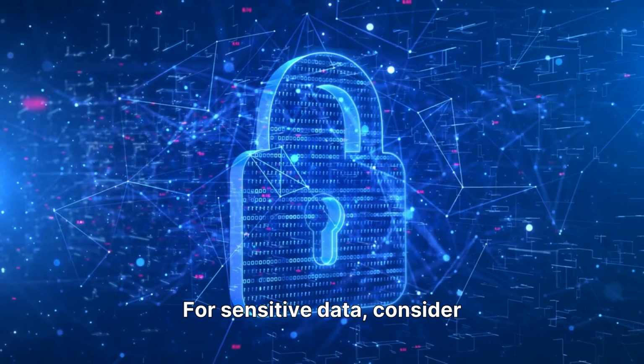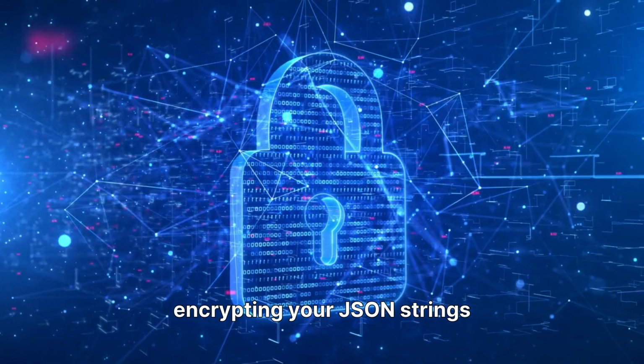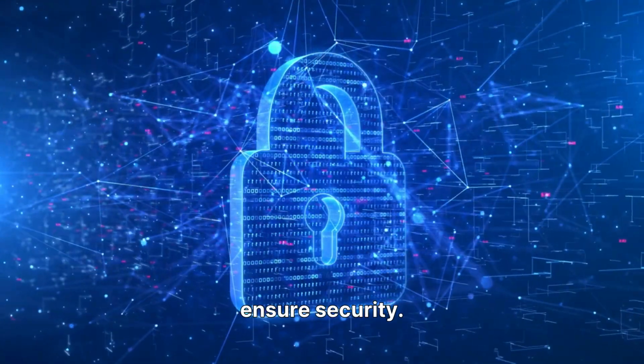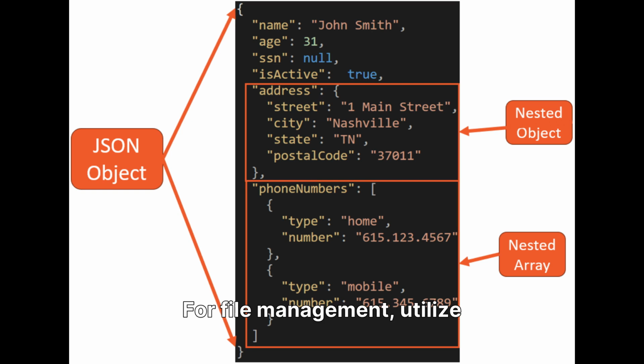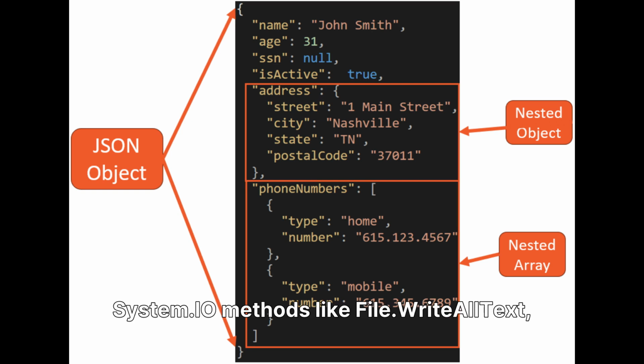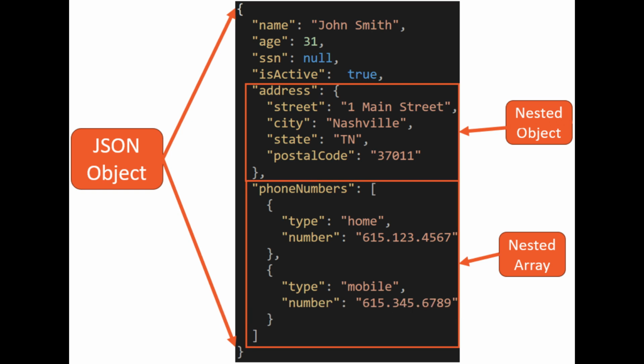For sensitive data, consider encrypting your JSON strings before saving them to ensure security. Implement try-catch blocks for robust error handling during deserialization. This prevents crashes if your JSON data is malformed or missing. For file management, utilize System.IO methods like File.WriteAllText, File.ReadAllText, and File.Exists to read and write JSON files.